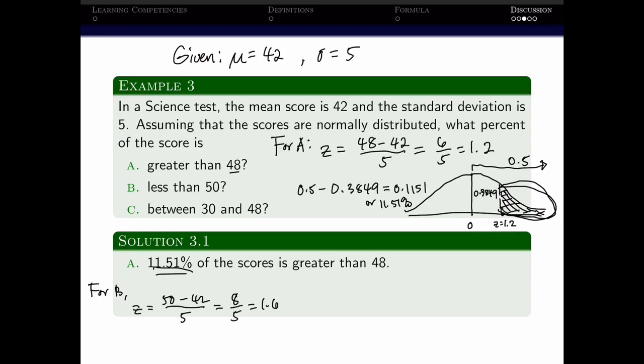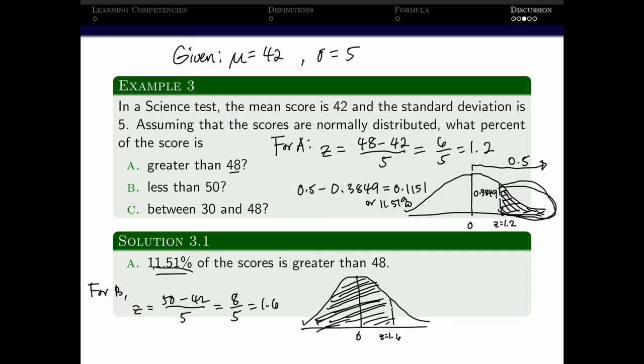Alright, let's draw the curve. Z equals 1.6 is here. This is 0. So we're looking at the area less than 50, or the area to the left of z equals 1.6. So it's this area right here that we want to solve.